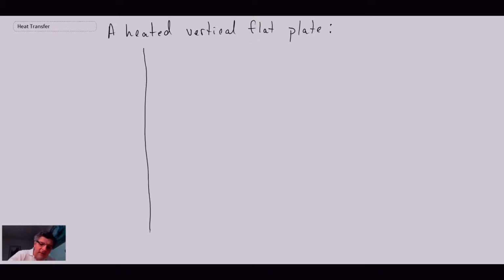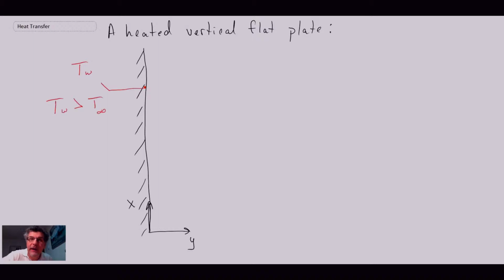So what we're going to do, we're going to take a look at the second video clip that we just saw, and that is the case of a heated vertical flat plate. So let's examine that. I'm going to sketch a vertical wall. So what we have here is a vertical heated wall.